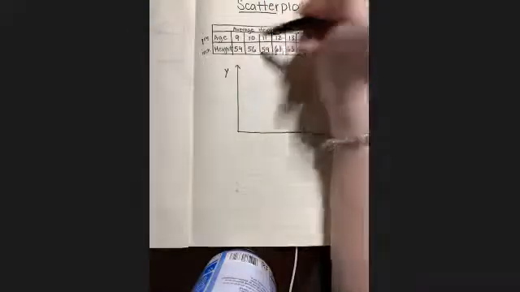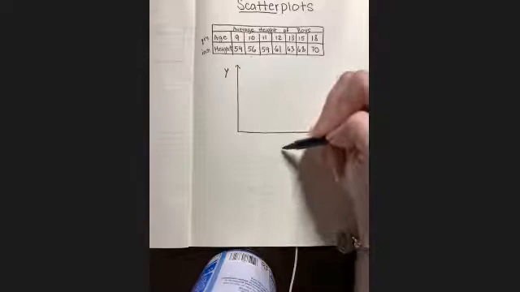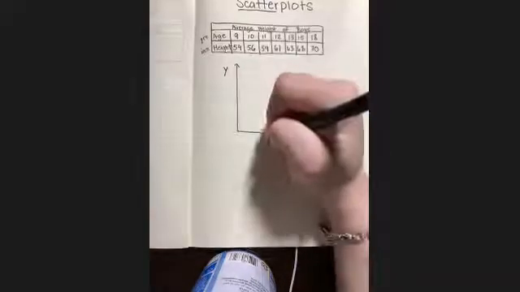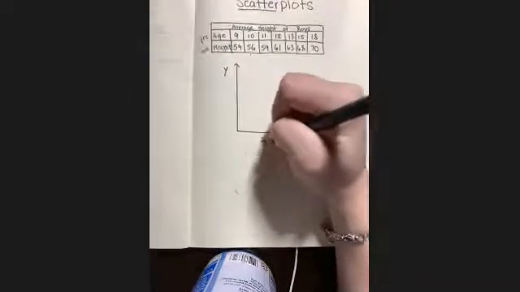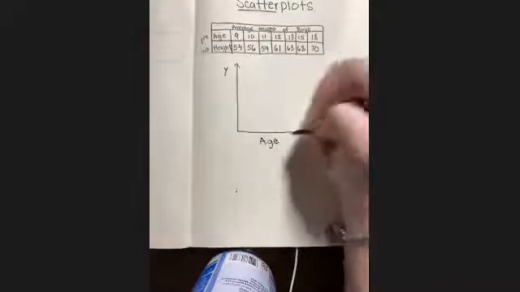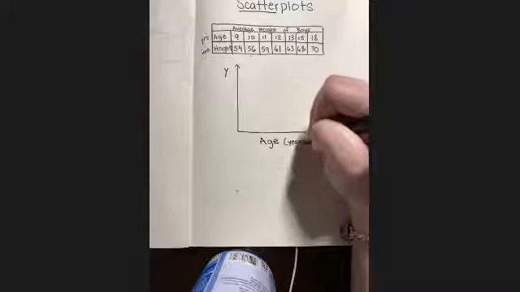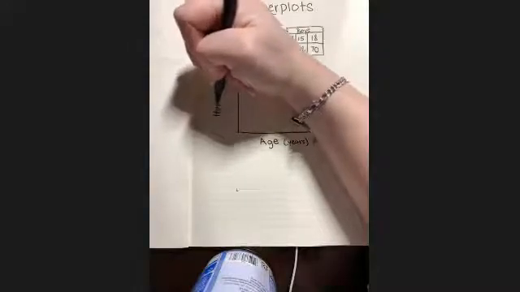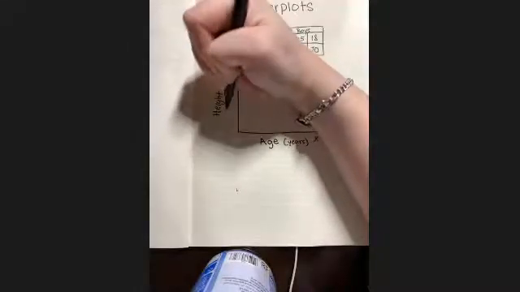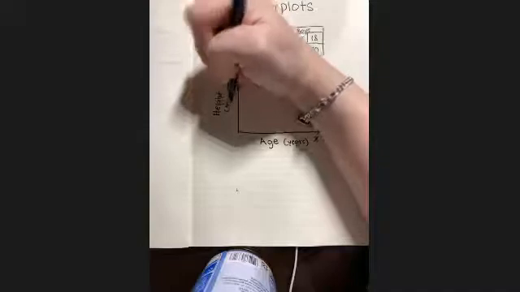So I think age should go here. You could flip it, but it looks better if it matches your table. So the age in years is going to go on the bottom, and that means the height in inches goes on the side.